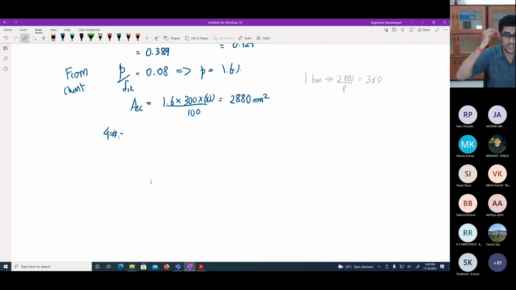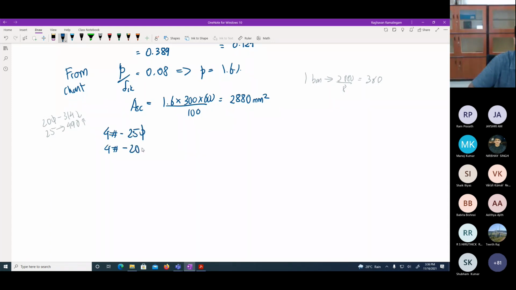Okay. So 2880, I have 20 mm bar gives me 314 and 25 mm bar gives me 490. So this is less, this is too much more. So let me try something in between, and let me say I do 4 numbers of 25 and 4 numbers of 20.